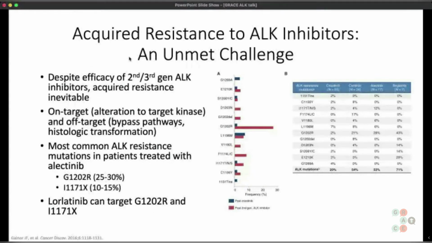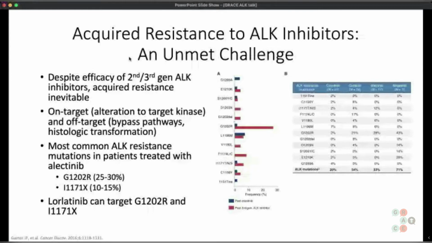So on-target really refers to alterations within the target kinase, and off-target alterations include new bypass pathways that are formed or histologic transformation. I'll mention that for ALK, histologic transformation is not as common as in EGFR, for example, but it is something that we do see from time to time.